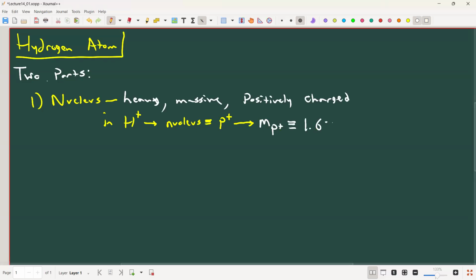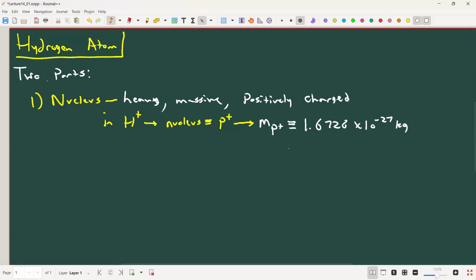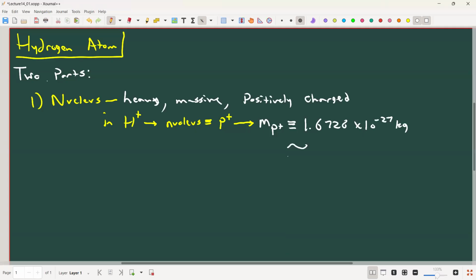This is 1.6726 times 10 to the minus 27 kilograms, which is a small number, but again, everything in kilograms for an atom is small. So it might be better to write this in a different unit. But you can basically show that 99.9% of the hydrogen mass is just the proton. The proton basically makes all the mass.